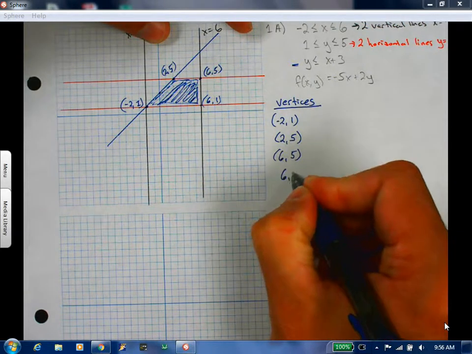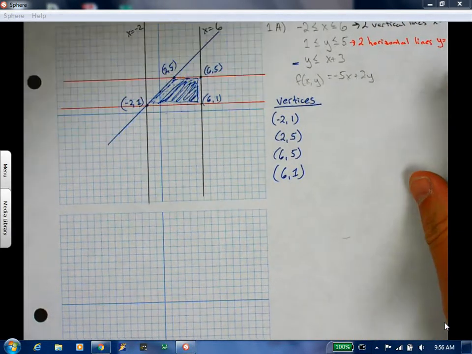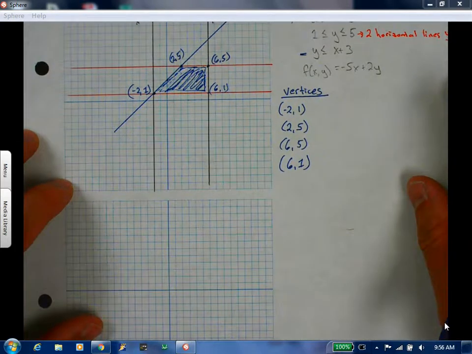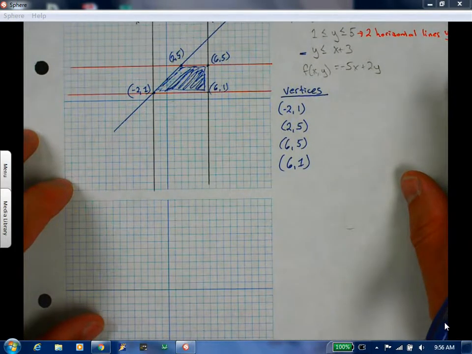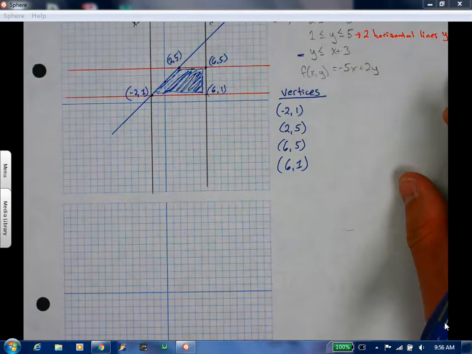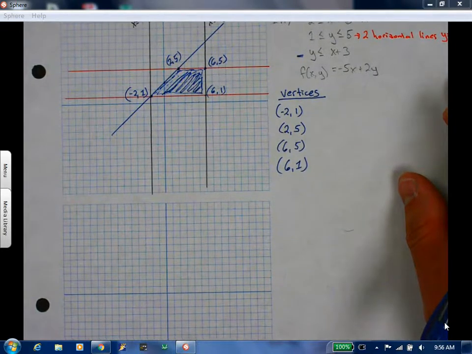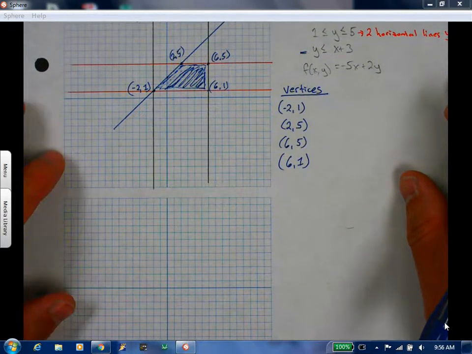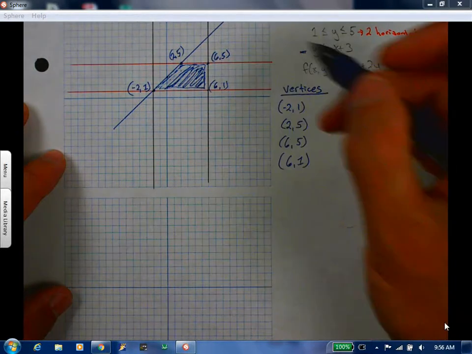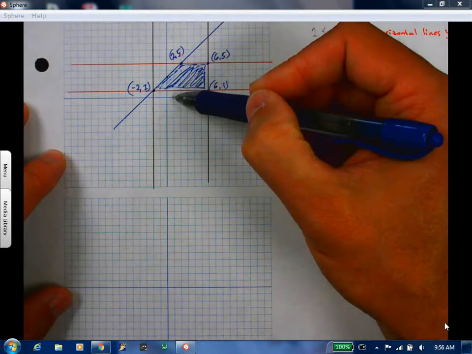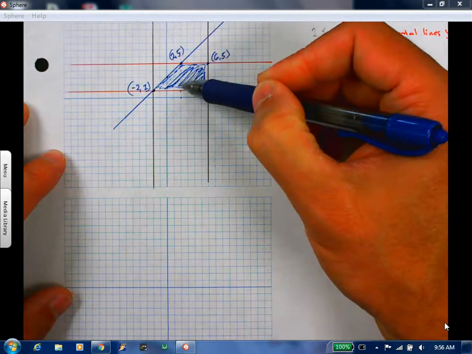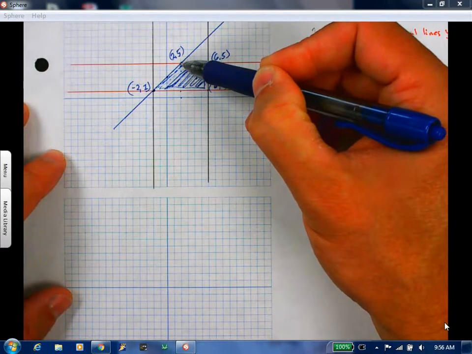Next one, 4 of them. Two, 4. 1, 2, 1, 2, 3, 4, 5. Start from the origin.